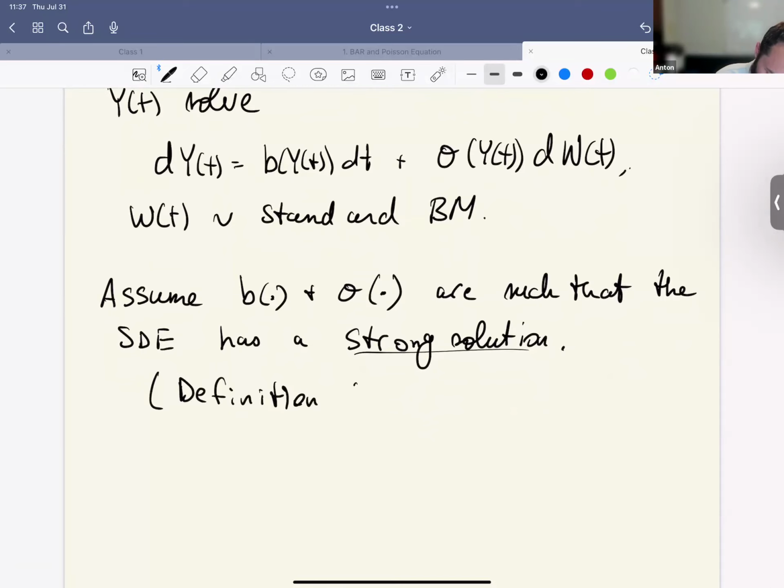Definition 5.2.1 of the book by Karatzas and Shreve.